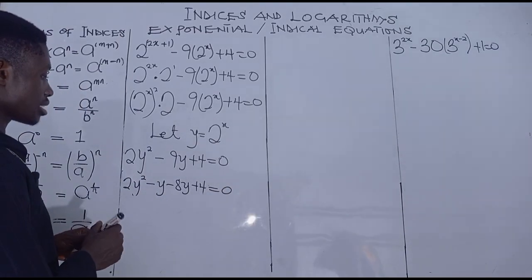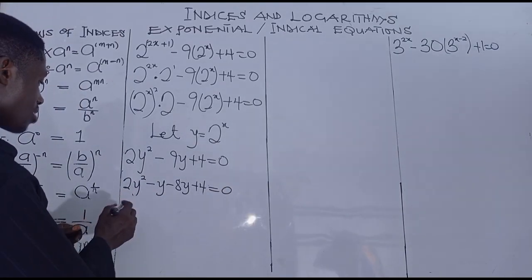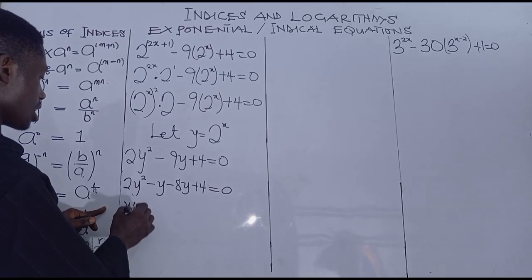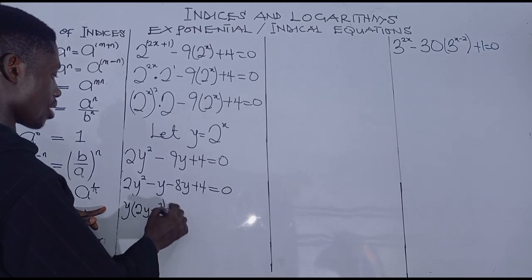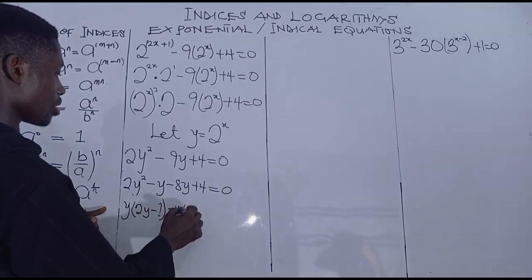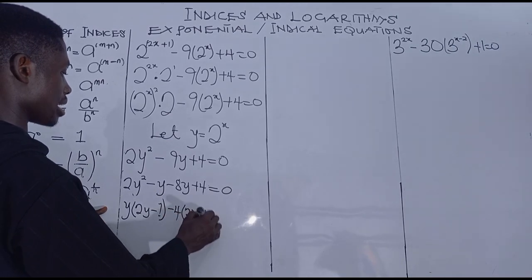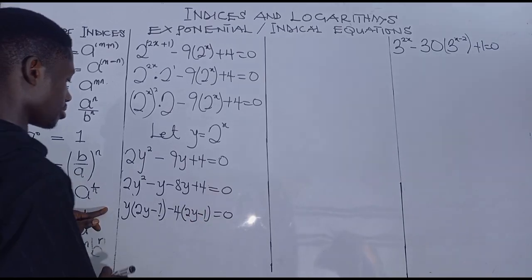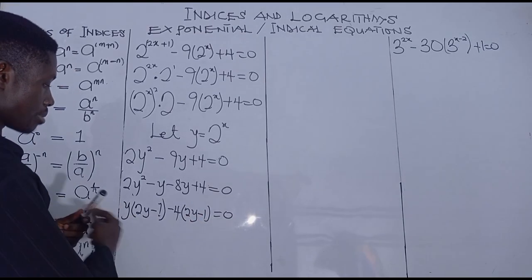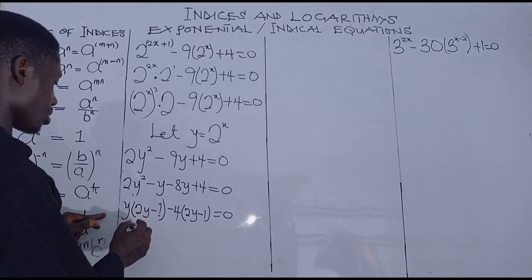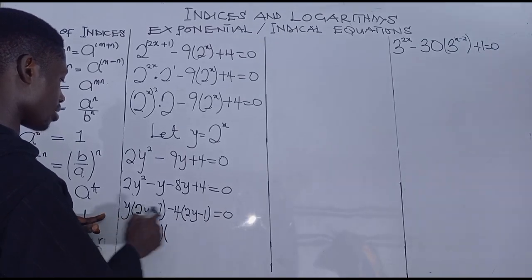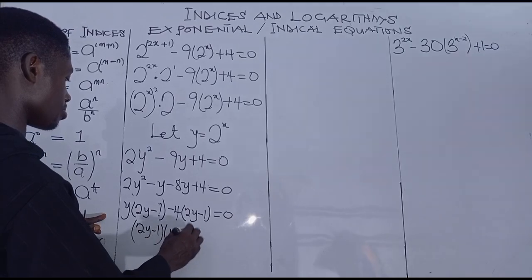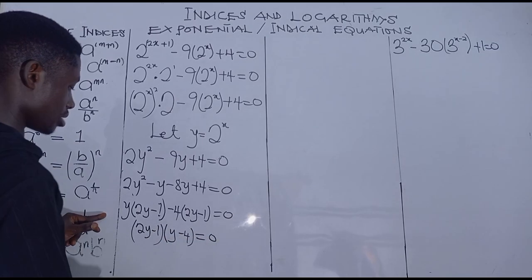So let's factorize it out. We have y, so we can factorize y out. We are left with 2y minus 1. Now we have minus 4. We are left with 2y minus 1. That gives us 0. Since those terms within the brackets are equal, we can pick one of the brackets, and then we pick those outside the bracket, we put them also in the bracket, and this is equal to 0.